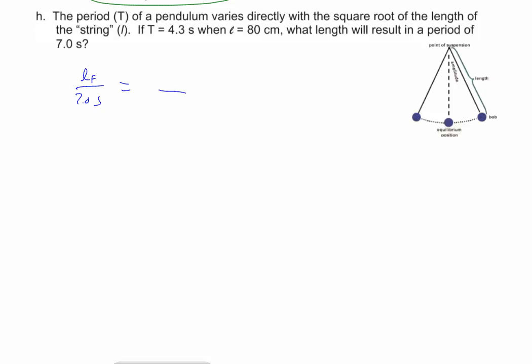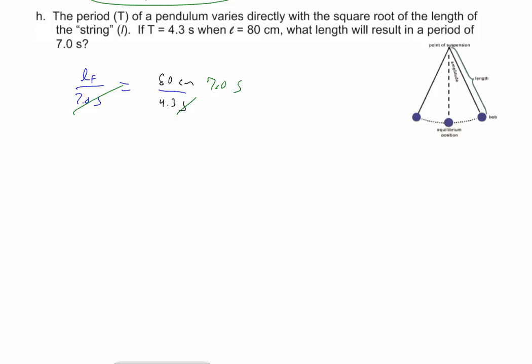Length is 80 centimeters. And the other time is 4.3 seconds. Again, if you put your variable top left, pretty simplistic move. So I'm going to move the 7.0 seconds.